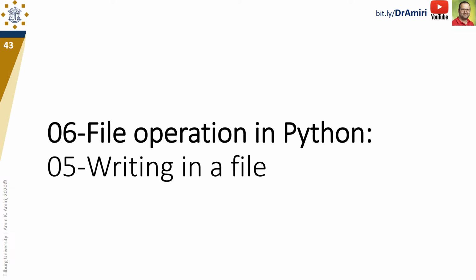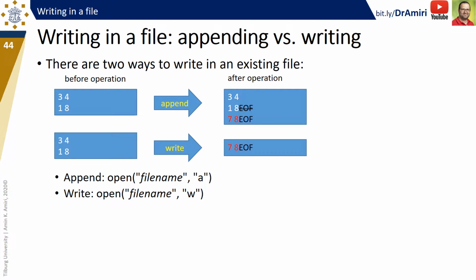In this video, you will learn how to write in a file using Python. You can write in a file using two different methods, append and write. With append, you don't touch the existing file at all, and whatever you try to write in a file will be added at the end of the file.